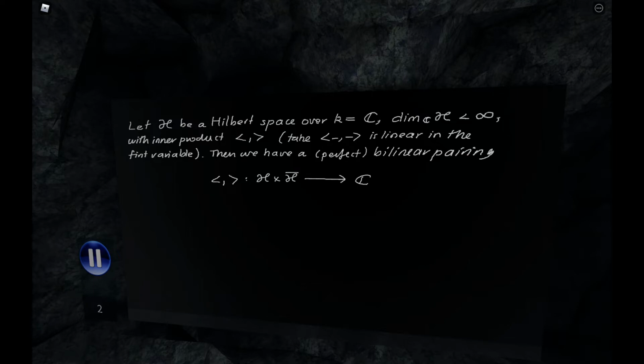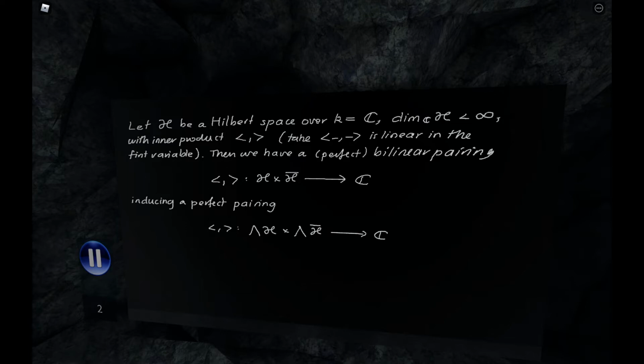Okay, so we have a perfect bilinear pairing. And by what I said on the previous board, that induces a perfect pairing on any exterior power of H with the same exterior power of H bar, and taking the direct sum over all n's, we get a perfect pairing from the exterior algebra of H with the exterior algebra of H bar.